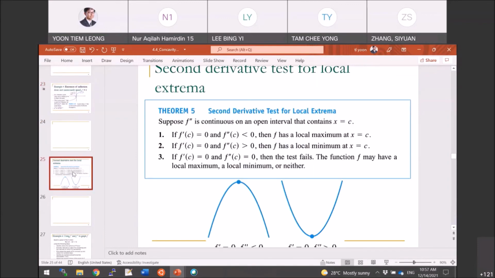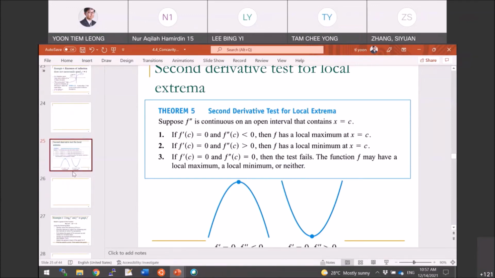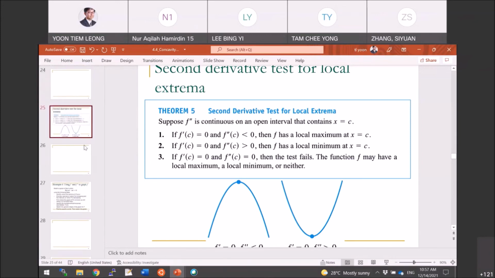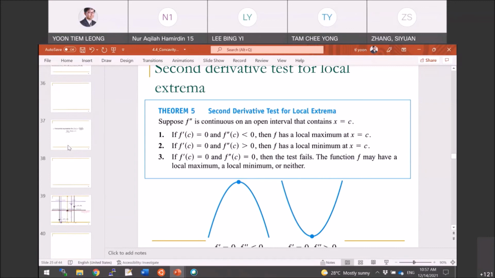Then we'll proceed to theorem 5, where we make use of the second derivative test to identify the local extrema. So you have another set of slides which I have to fulfill, but we are running out of time at the moment. For your information, after we conclude this lecture, I'm going to continue to record the discussions on this chapter so that I can finish the rest of the slides in the flipped classroom.